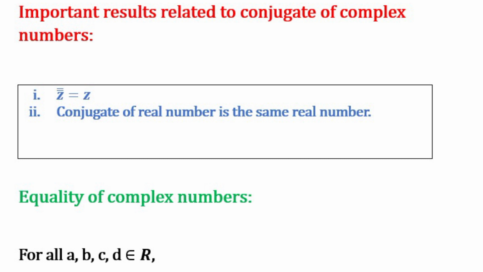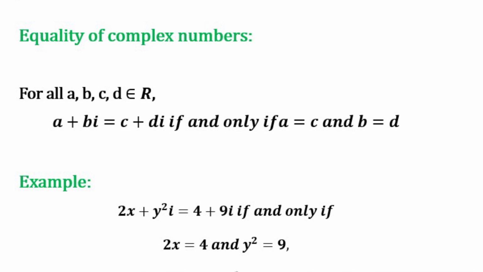Next definition, equality of complex numbers. Suppose we have two complex numbers a plus b iota and c plus d iota, where all a, b, c and d are from real numbers.